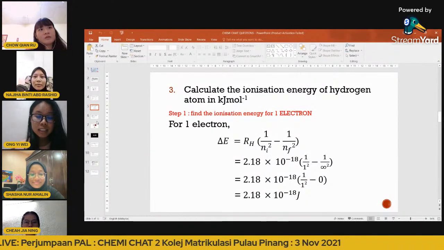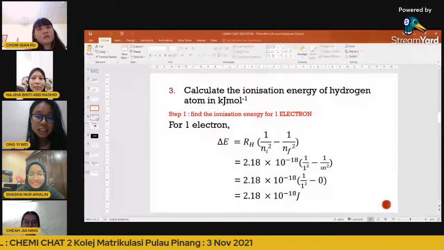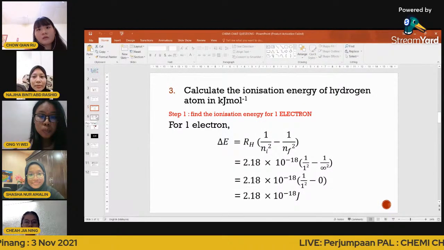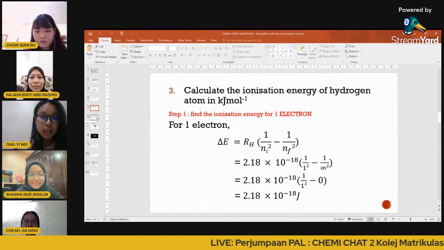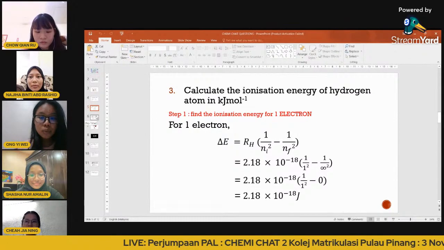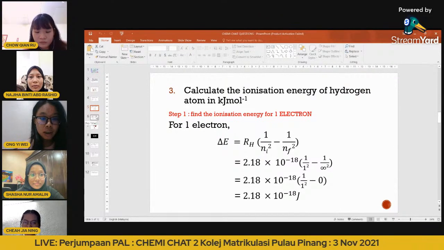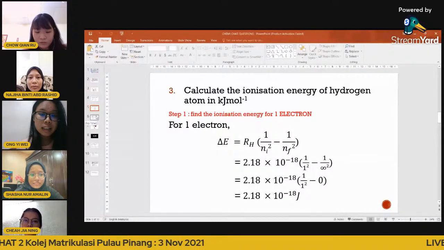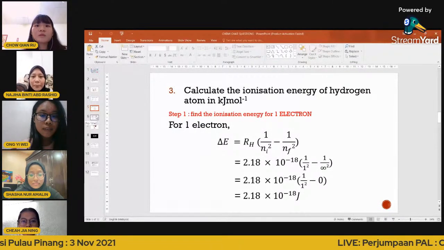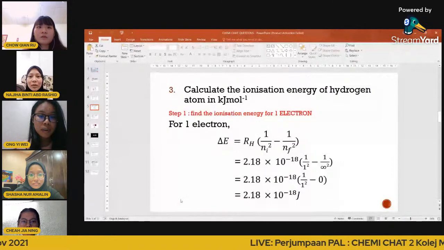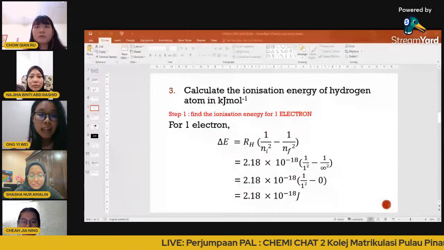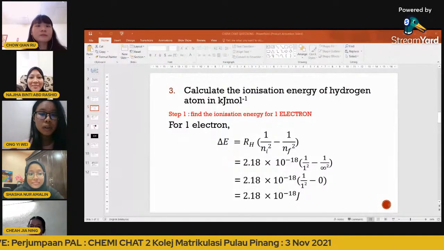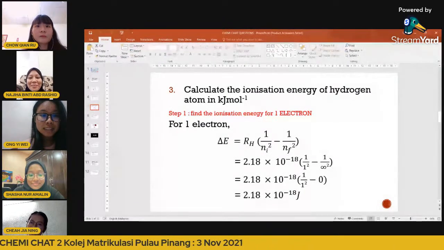And next comes the calculations. In the third line, we can see that 2.18 times 10 power to negative 18. Then 1 divided by 1 will be equal to 1, and 1 divided by infinity will be 0. Therefore, we can get the answer for one electron is 2.18 times 10 power to negative 18 joule. Next slide, please.